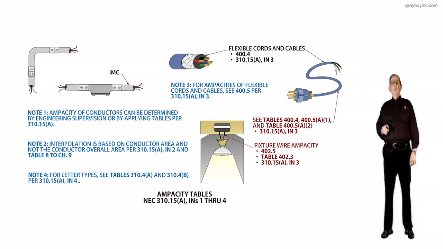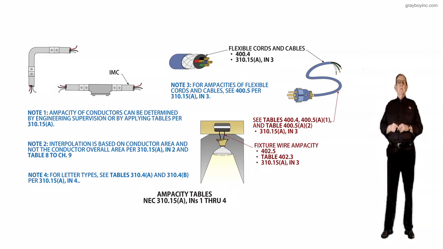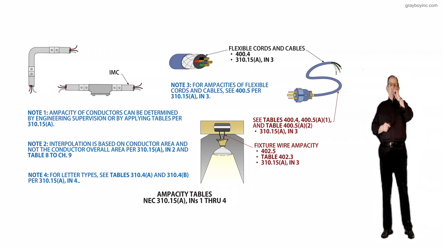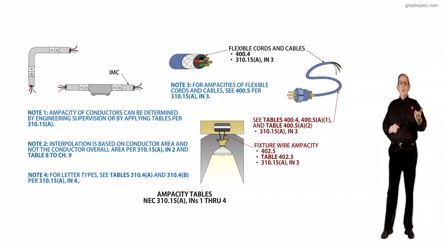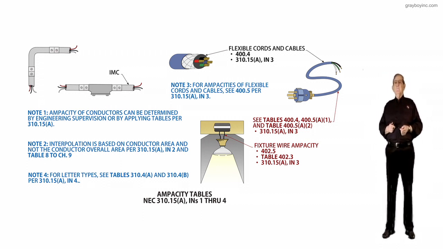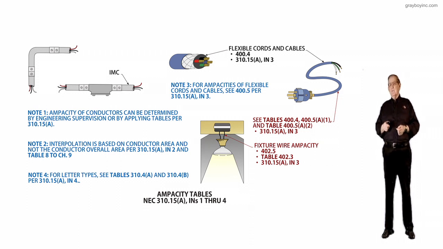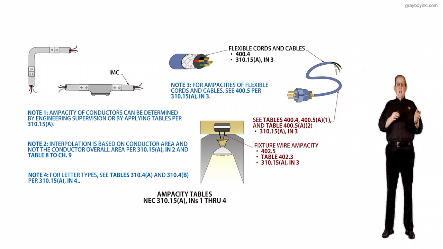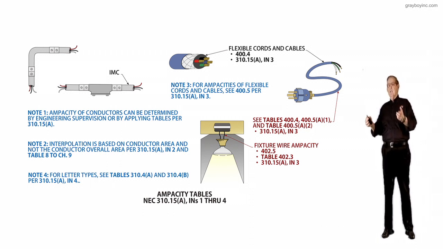Note 1 is that the ampacity of conductors can be determined by engineering supervision or by applying the tables. 310.15(A) tells you this. Now, inspectors like for you to use the tables because we can go through the tables and go through the calculation procedures, and inspectors can understand what an engineer's done.